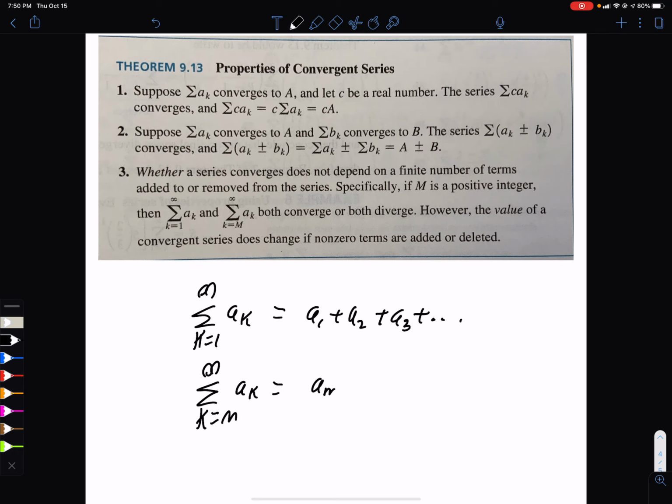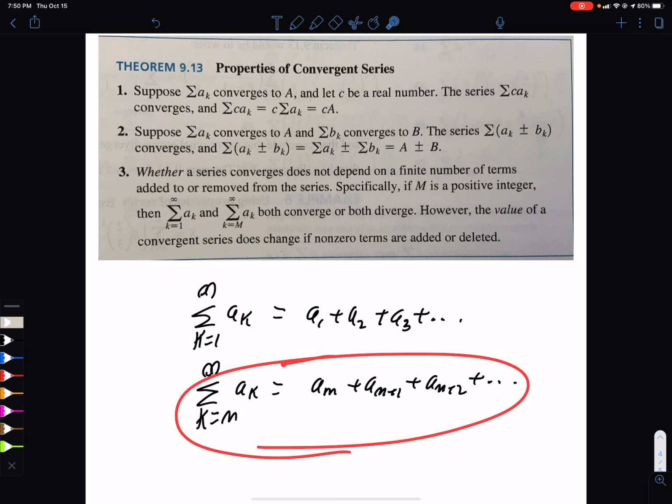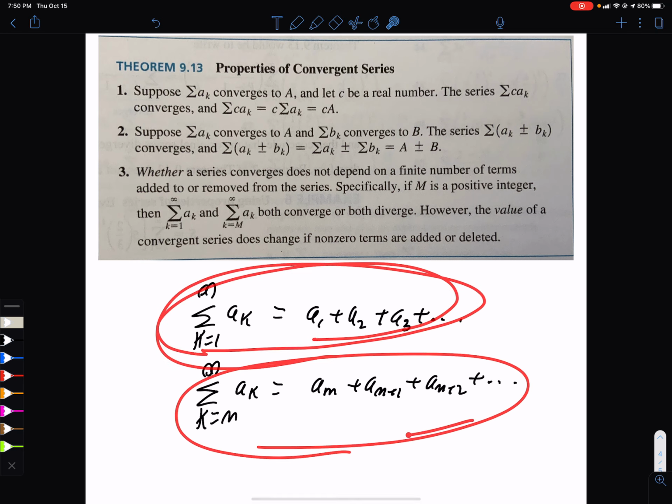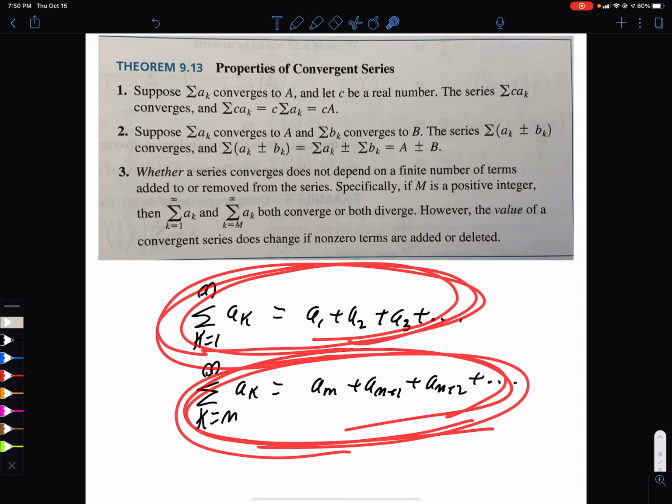So I'm going to start at a sub m plus 1, a sub m plus 2 plus dot, dot, dot. Here's what this theorem says. It doesn't matter if you start at 1 or 2 or 100 or 1,000,000. It doesn't matter your starting point. Both of these series will do the same thing. If the first one converges, then the second one converges. If the first one diverges, the second one diverges.